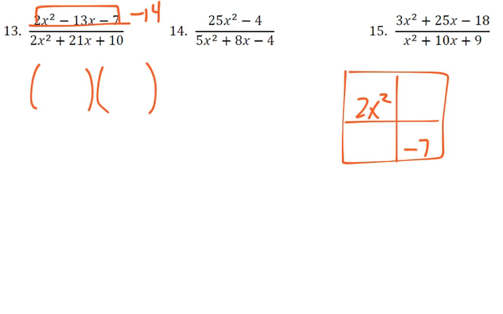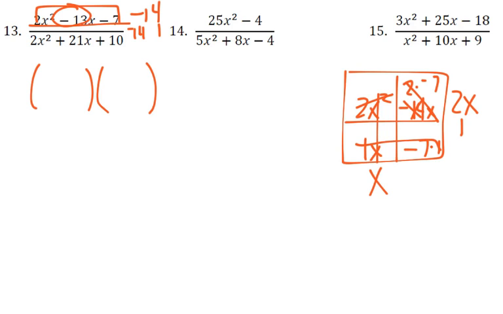Factors of negative 14 that add up to negative 13 would be a negative 14, positive 1. So negative 14x, positive 1x. So that's like times 1. This is like 2 times negative 7. So 2 and an x, just an x, just a 1, and just a minus 7. So we get x minus 7 and 2x plus 1.